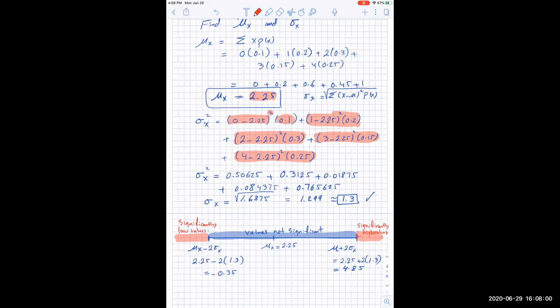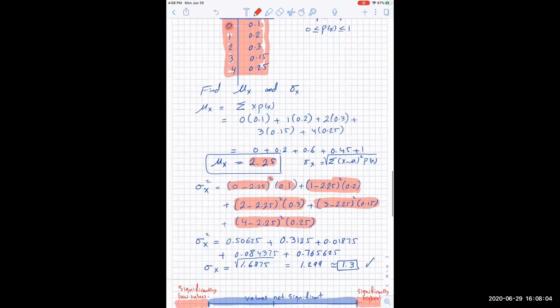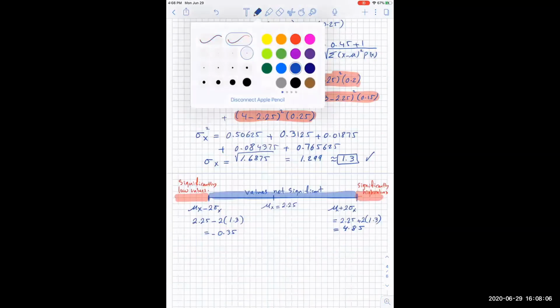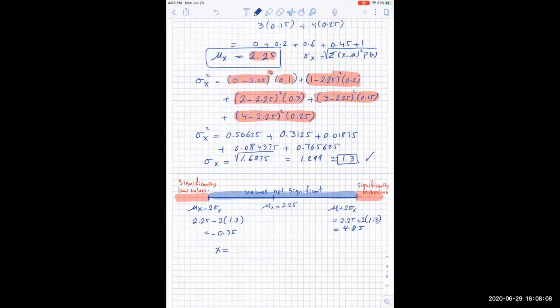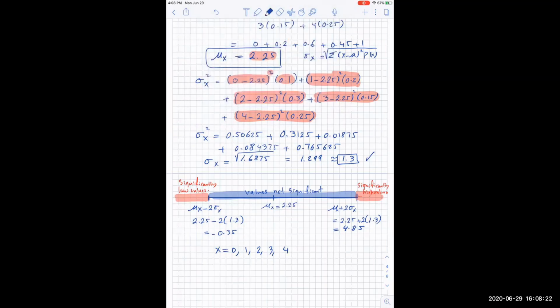Okay, so now let's look at our X values, guys. What do we have here? What are the possible values of X? X could be 0, 1, 2, 3, or 4. Do all of these values fall within this range of 2 standard deviations?